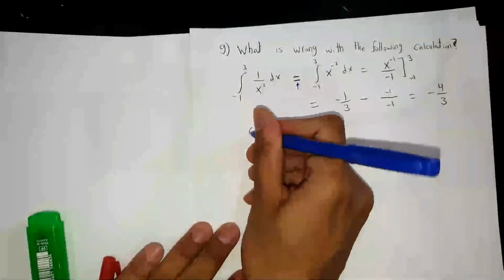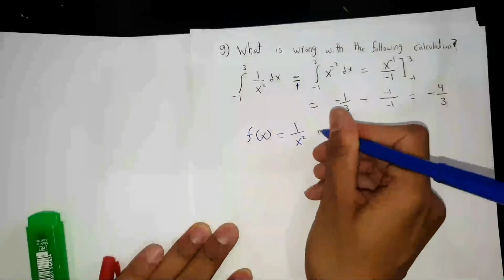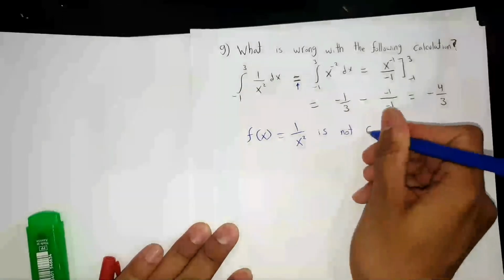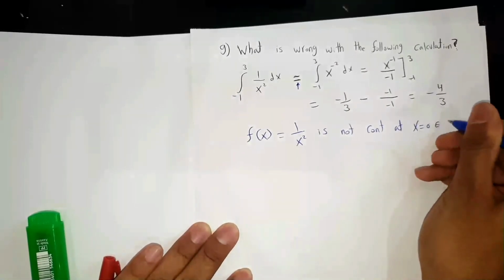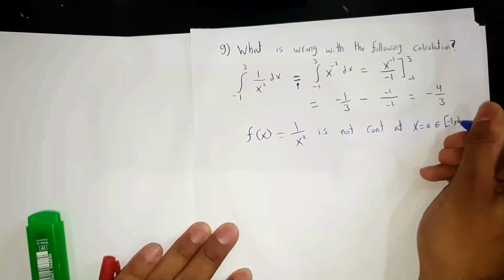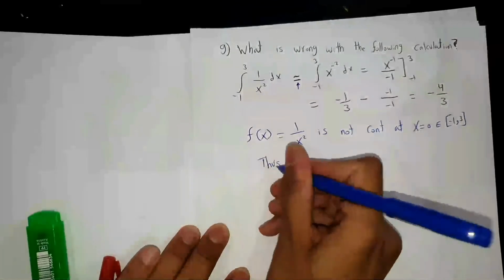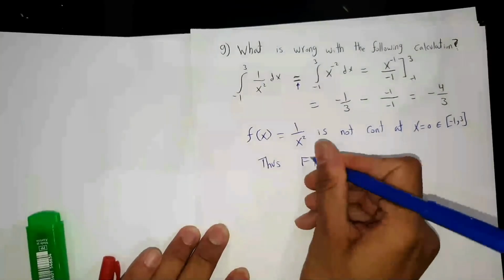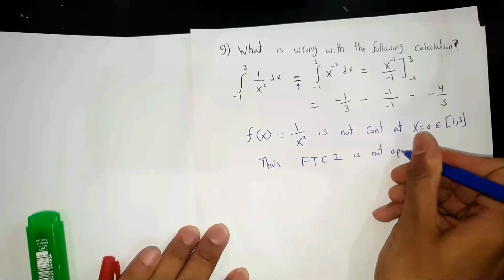So the answer will be written here. f of x, which is equal to 1 over x squared, is not continuous at x equal to 0, which is inside our interval. In this case, thus, FTC2 is not applicable.